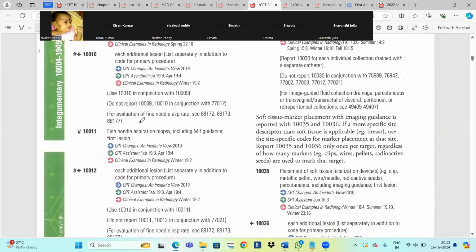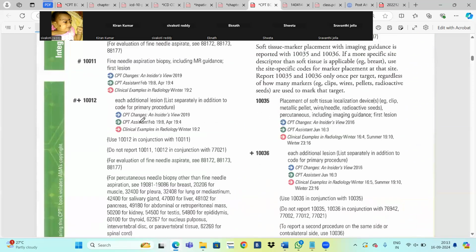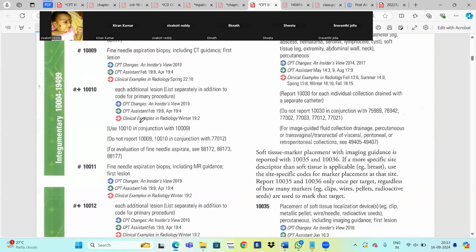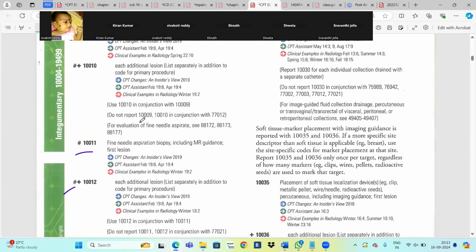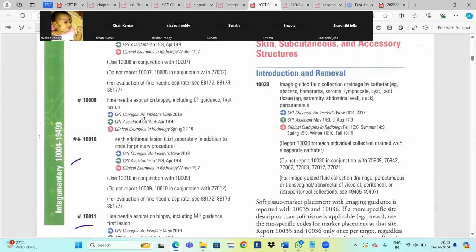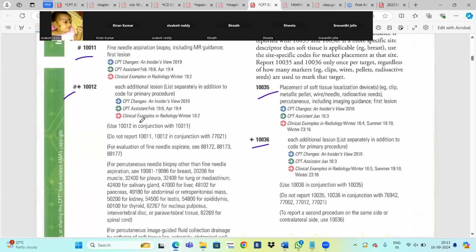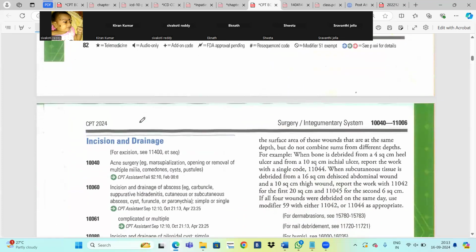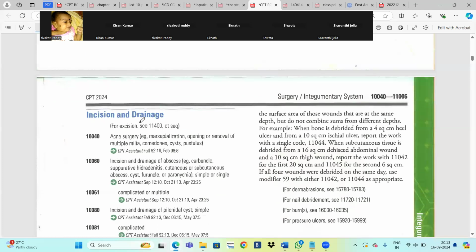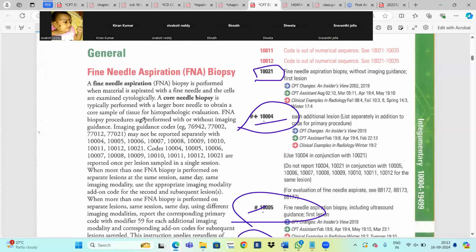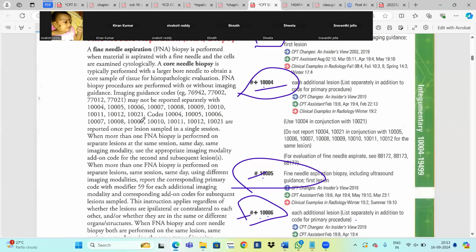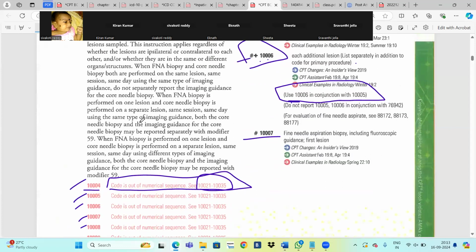Check 1214 and 1212. All are out of sequence. Again it starts at 130, and they don't give a symbol for 35, 36; these are all in sequence. What does out of numerical sequence mean? The code you will get out of order. The CPT codes are arranged in order, like 1, 2, 3, 4.